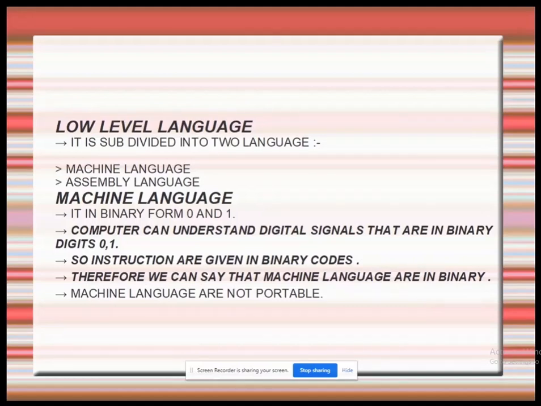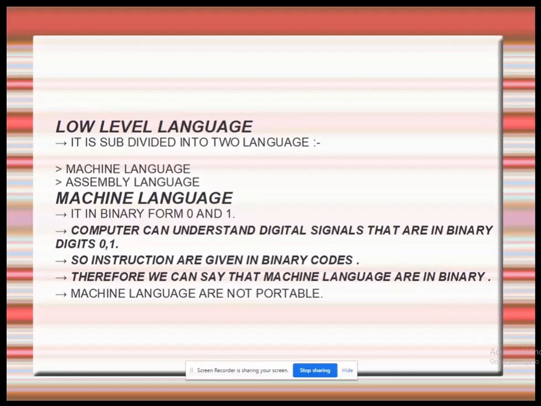That is, a program written for one computer is not valid for another computer. These languages are quite difficult for a programmer as they cannot write instructions in binary, and maintenance is very difficult as well as error prone. So machine level language is quite difficult for the user as well as for the programmer.